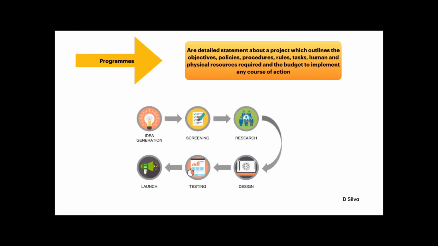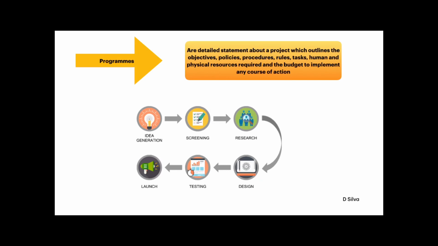Programs are detailed statements about a project which outline the objectives, policies, procedures, rules, tasks, human and physical resources required, and the budget to implement any course of action. For example, you want to launch a new product.